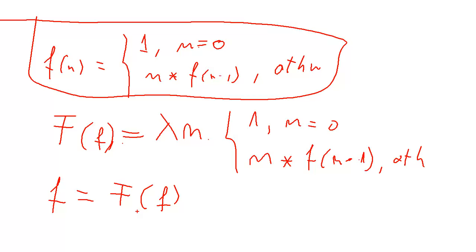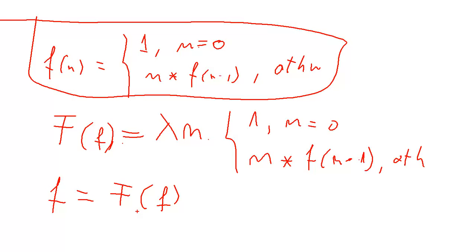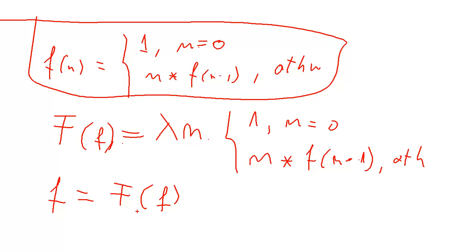Okay? The resolver for the fixed point equation is an operator called the fixed point operator, typically denoted by mu in lambda calculus. So we're going to say that f equals mu F.